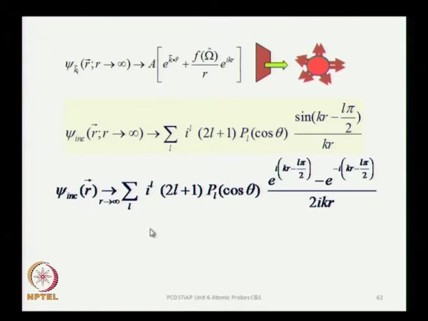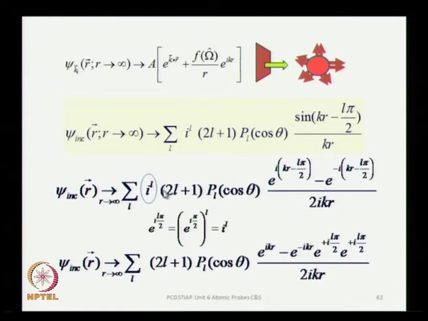All right. So this is your incident plane wave, this sinusoidal function you write as e to the i(kr plus theta) minus e to the minus i(kr plus theta), divided by 2i, and this i to the L you write as e to the iL pi by 2, okay.